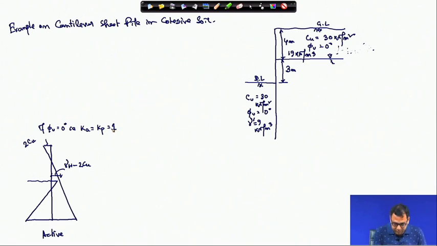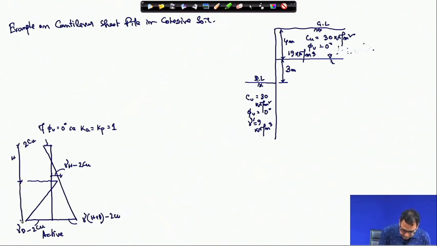Then only this diagram is valid, and this value is gamma (h plus d) minus 2 Cu, and this value is gamma d minus 2 Cu. This is the active condition. So, what is H? H is this one, and this is D, and this value is again the smaller one, 2 Cu. So, this is the active diagram.